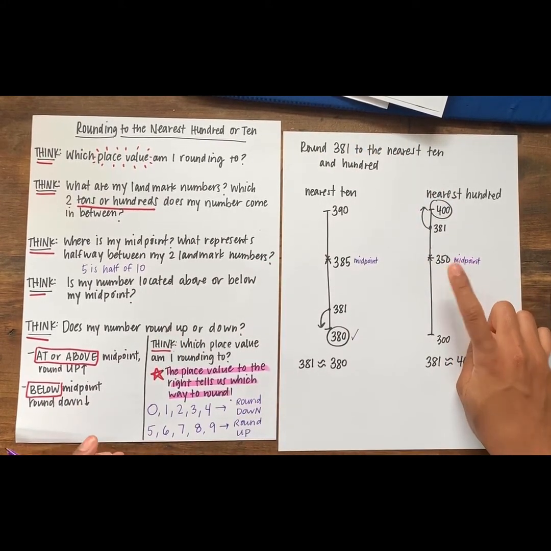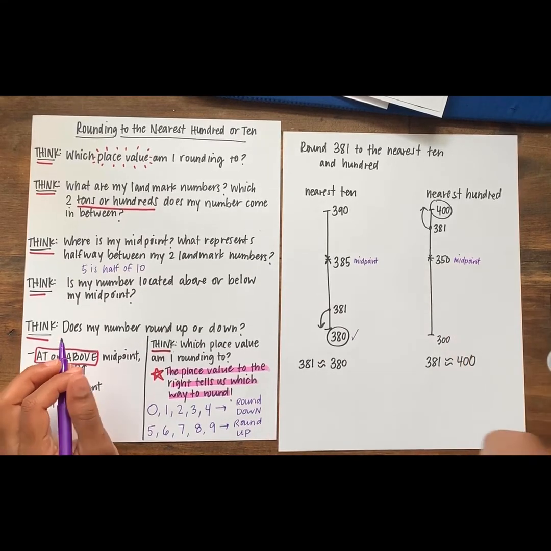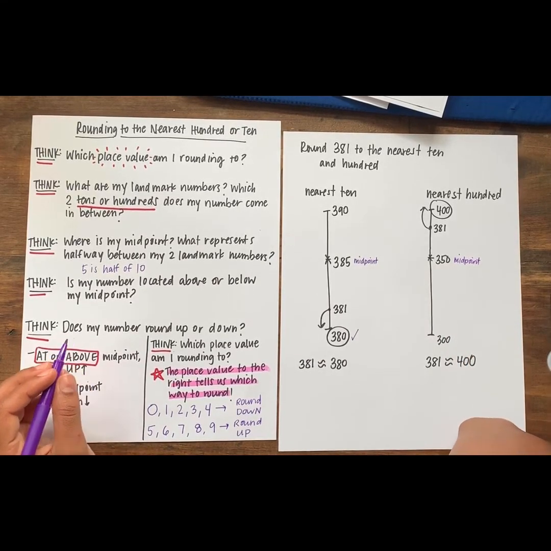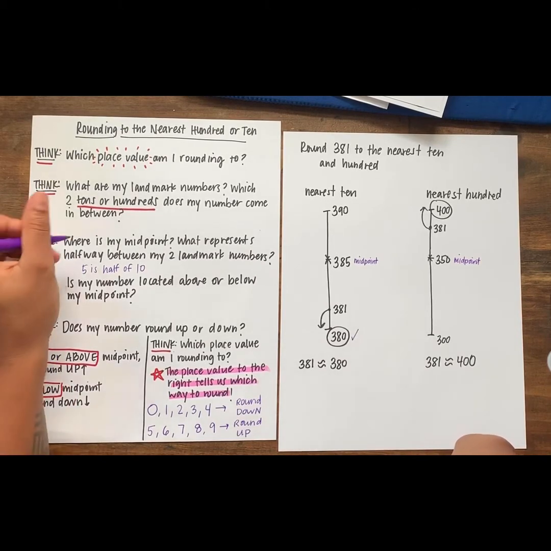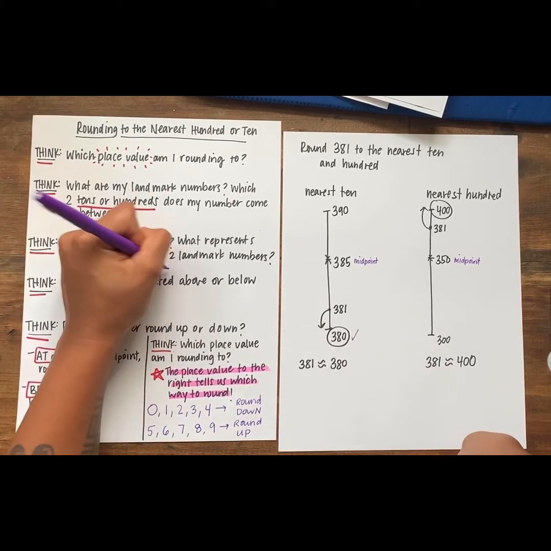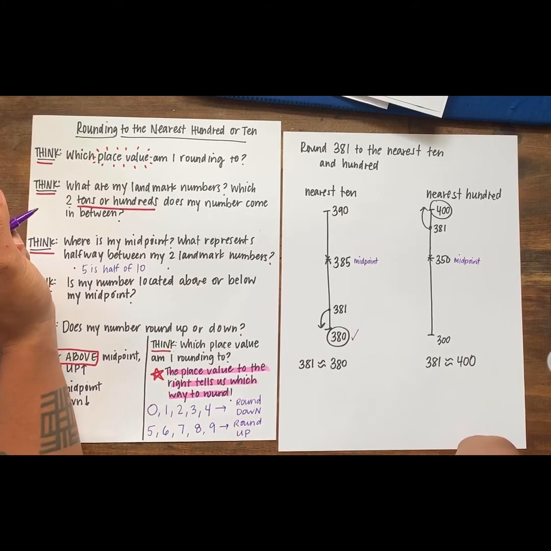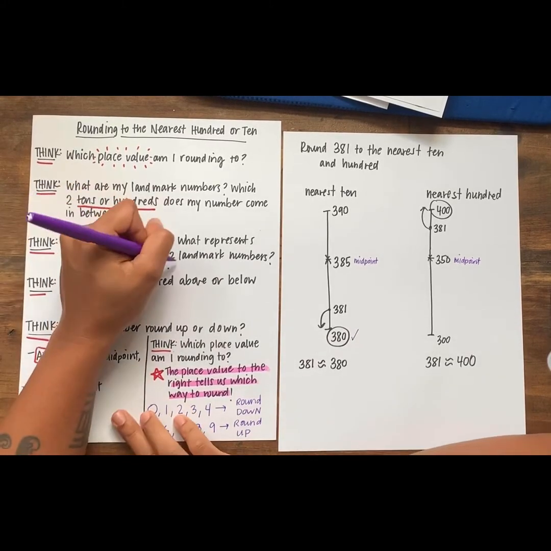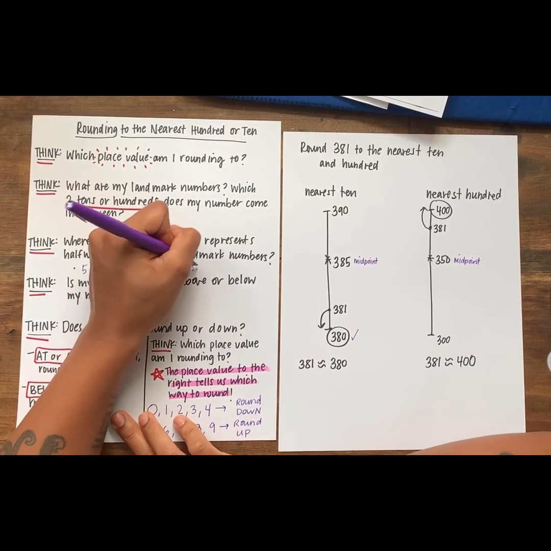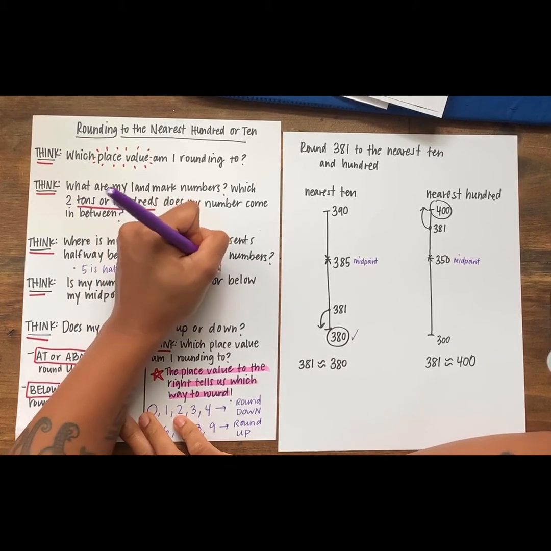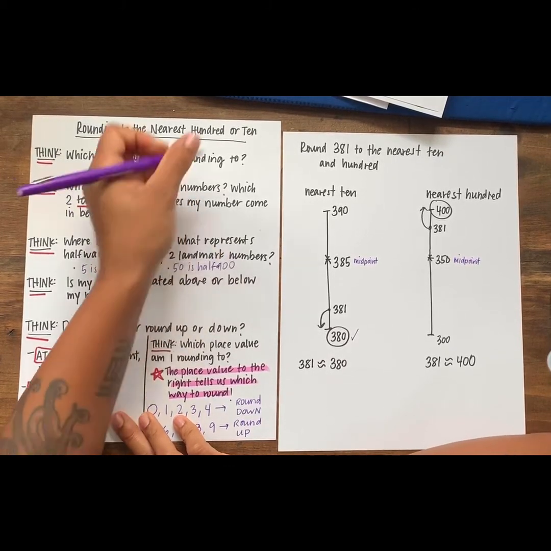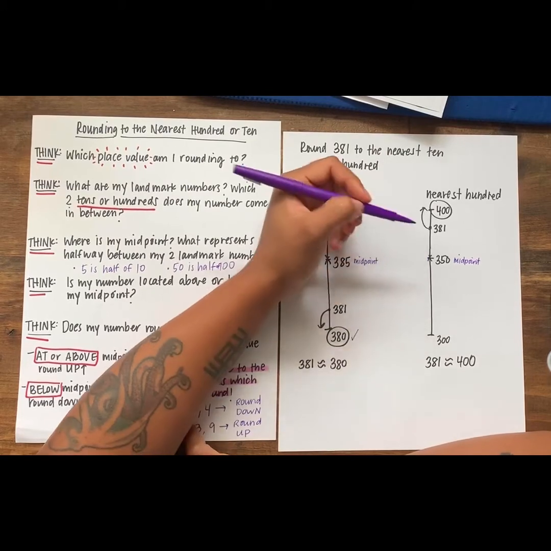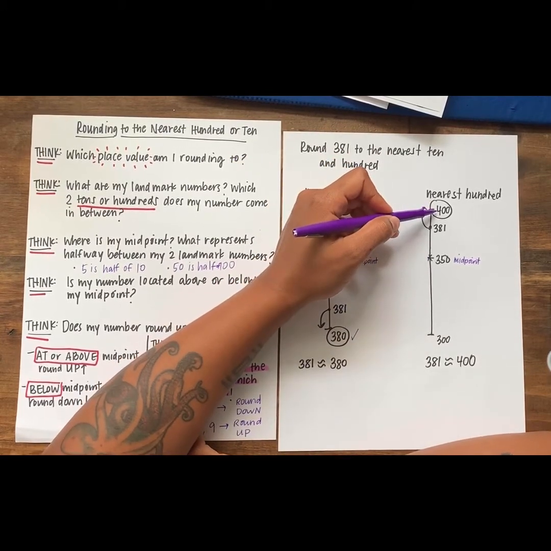Why do we know that the midpoint is 350? Go ahead and say your answer out loud. That's right. We know that 50 is half of 100. So if we added 50 to 350, we would get to 400.